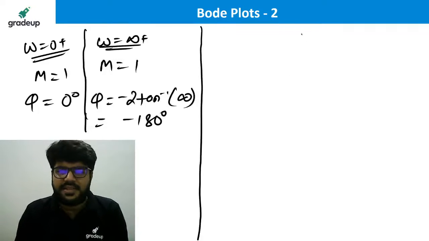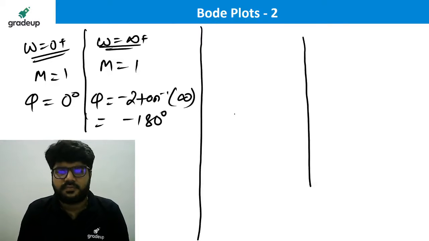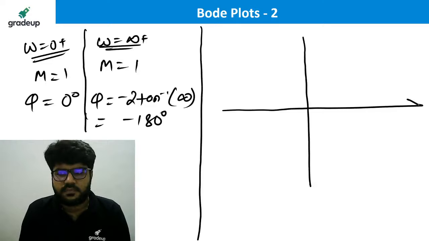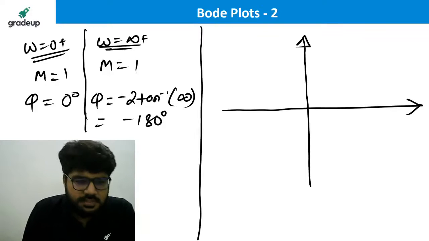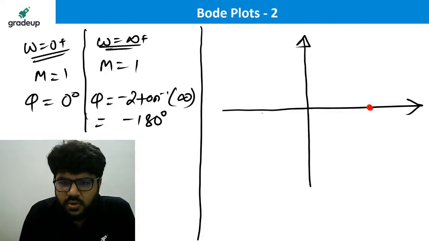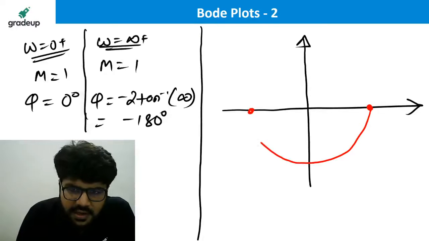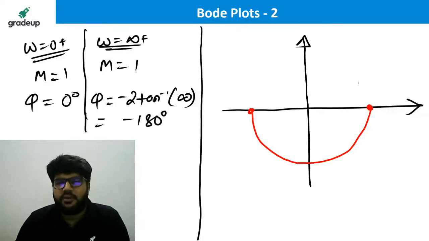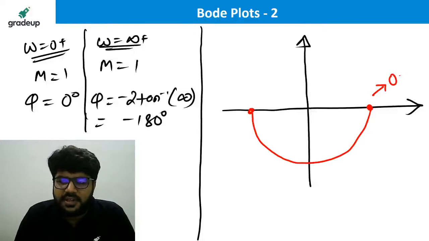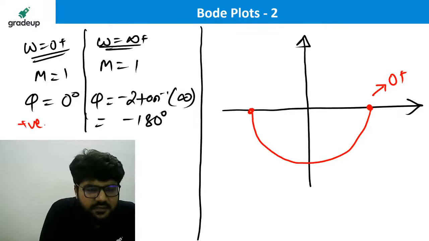Now, only by the 0 plus and infinity plus, approximately the shape should come up, because magnitude is always 1. Magnitude means distance from origin, so it is going to be in the form of a unit circle. This point is 0 plus, phase 0 degree, meaning positive x axis.